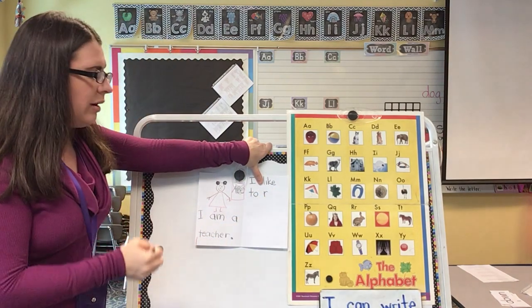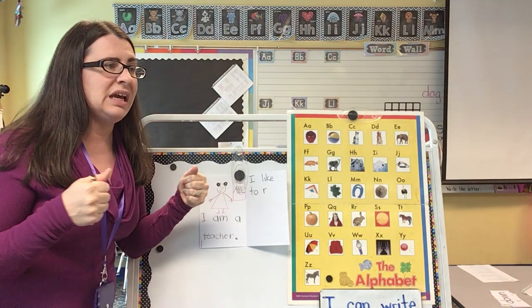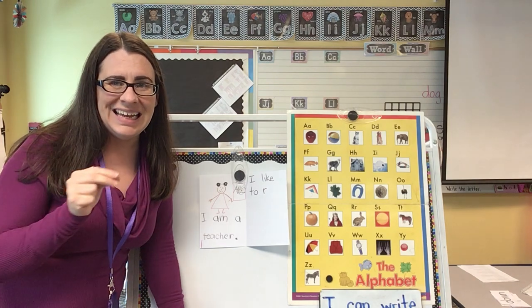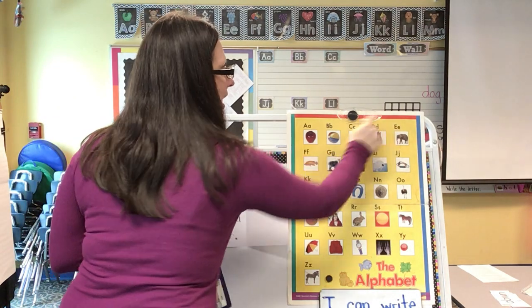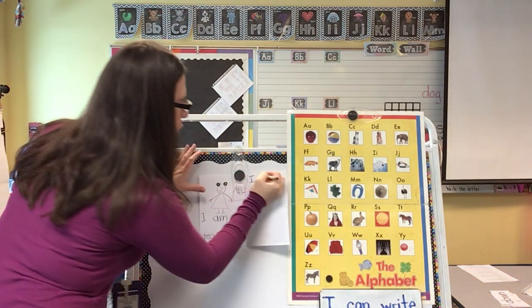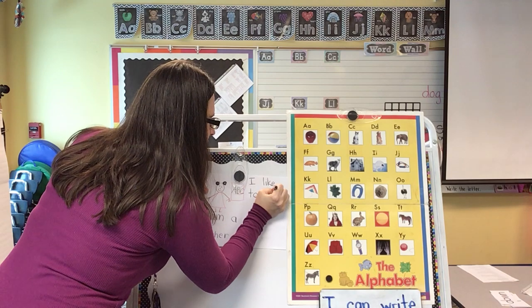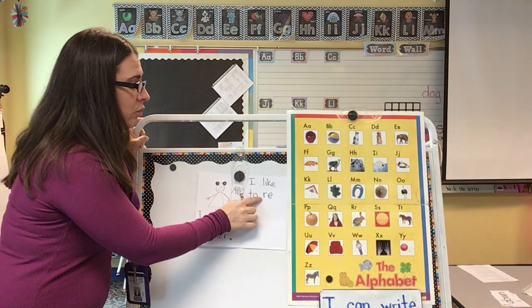Okay, so let me write my R. All right, let's see, I need to figure out what comes next. Read. Do you hear it? I hear E. E. I bet it's probably the letter E. So I'm going to go ahead and write that. Part of stretching out our words is listening for those sounds and then writing whatever we hear.